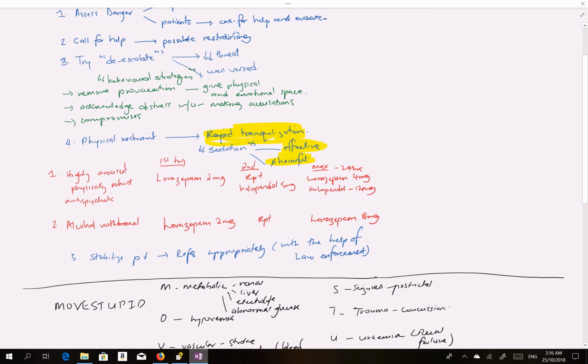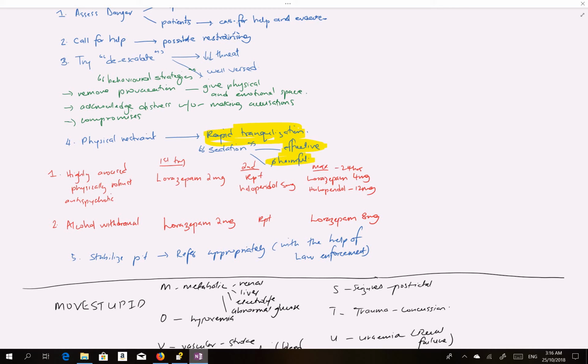In the first try you should give lorazepam 2 milligrams and see if the patient gets sedated. If not, repeat the lorazepam 2 milligram dose, or you could give haloperidol 5 milligrams. The maximum in 24 hours is lorazepam 4 milligrams and haloperidol 12 milligrams.